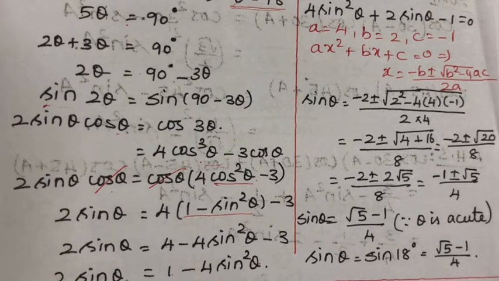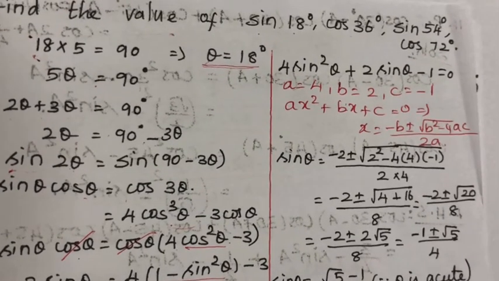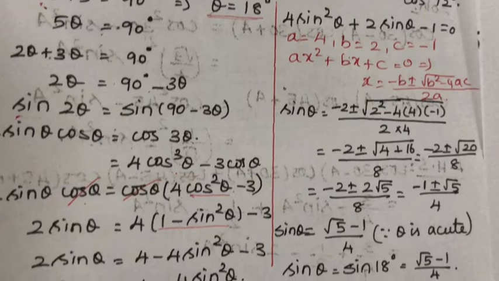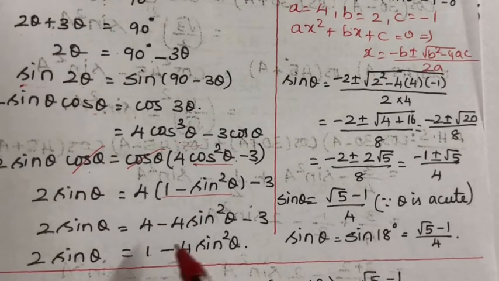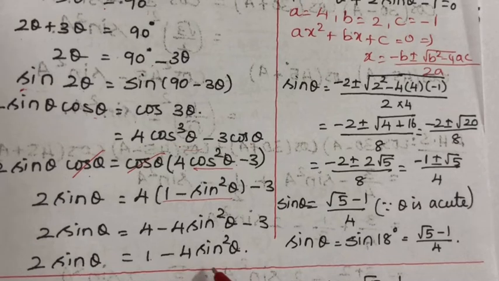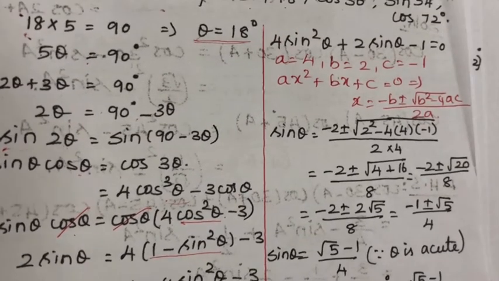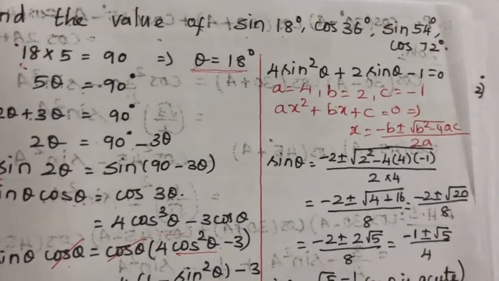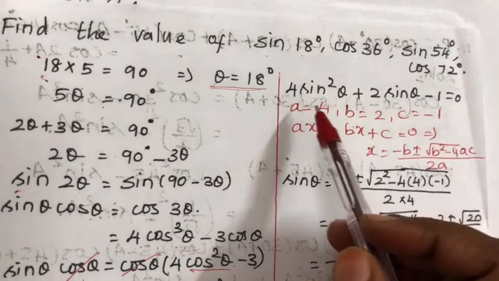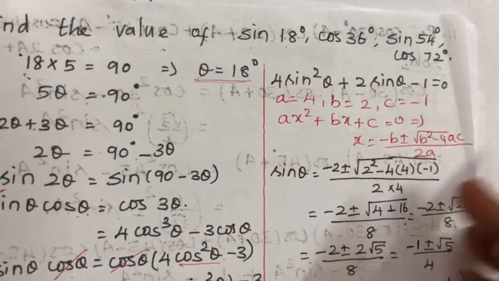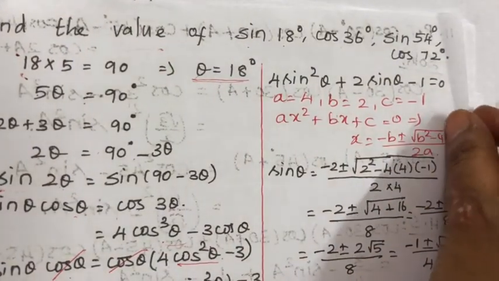Okay. So I am transferring all the elements to the left side. So minus 4 sin square theta will become plus 4 sin square theta, and plus 1 will become minus 1. So it is like a quadratic equation, that is 4 sin square theta plus 2 sin theta minus 1.